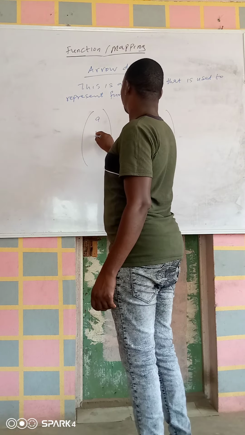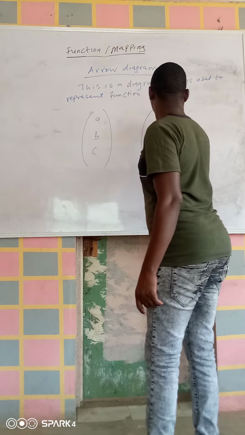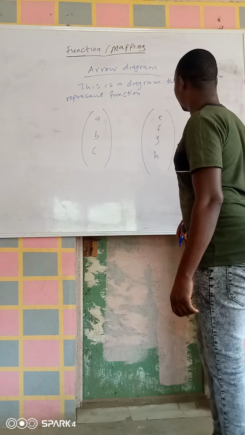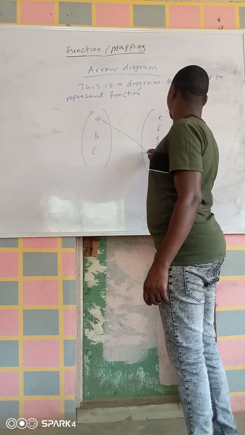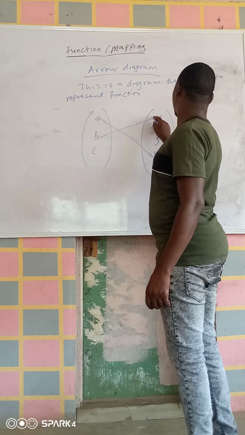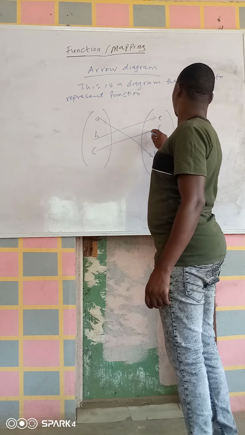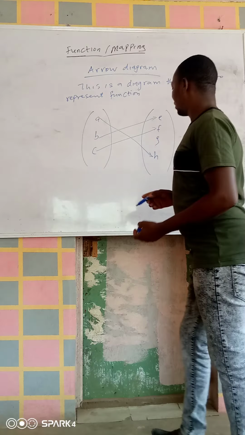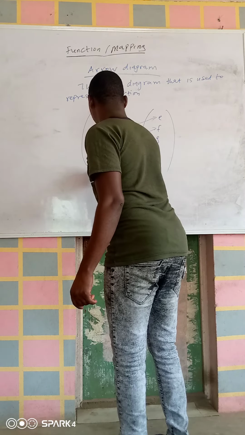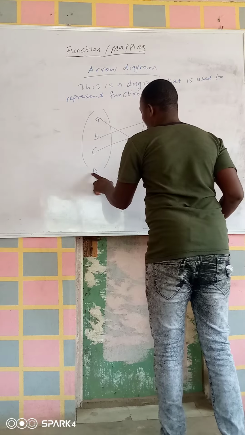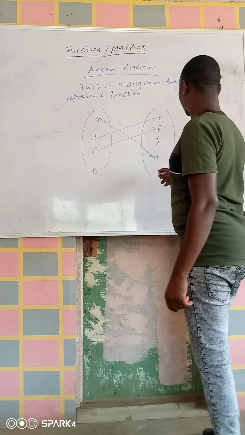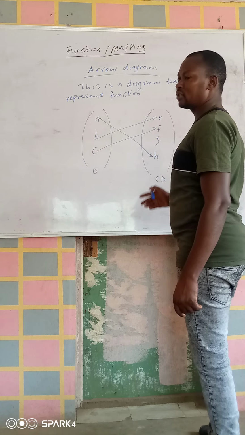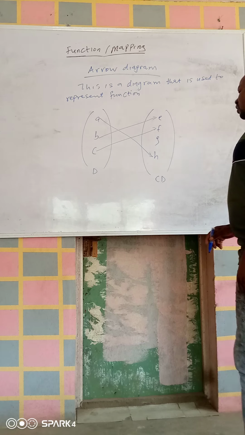I have A, B, C, and E, F, G, H. You can see I have A paired to H, B paired to E, and C paired to F. This is an arrow diagram where the domain is at the left hand side, and the codomain is at the right hand side. So where the arrow is pointing to is the codomain.